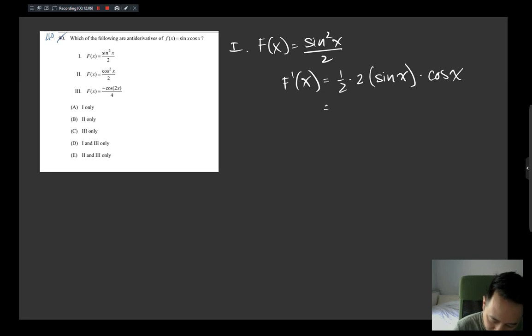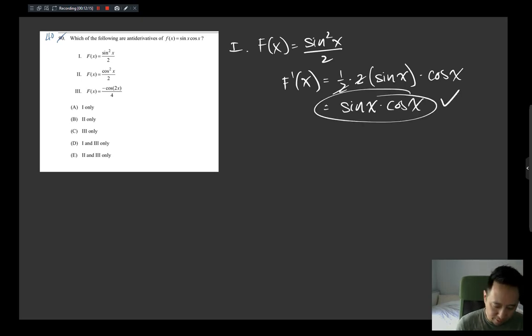Simplify a little bit, I get sine of x times cosine of x. Cool, so that works. This one definitely works, it does match sine x cosine of x. So moving on to number 2.